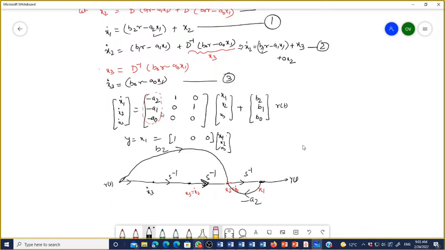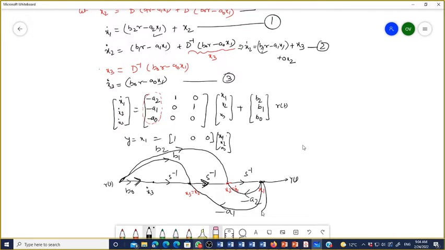Now next one is the x2 dot. x2 dot is equal to b1 r, minus a1 x1, and x3 is already coming, okay. Now the last one is the x3 dot. x3 dot is equal to b naught r, then minus a naught x1.